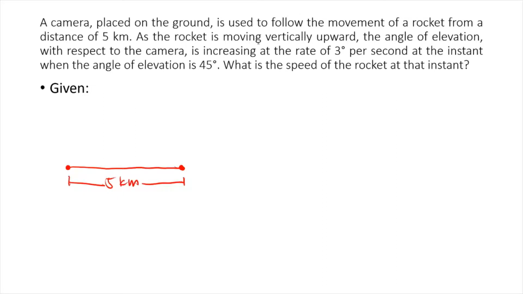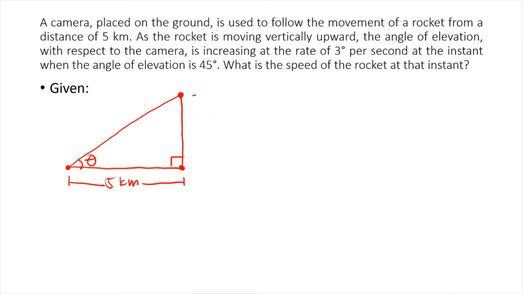As the rocket is moving vertically upward, let's draw a line representing the movement of the rocket vertically upward. So let's say this is where the rocket is at any point in time after its takeoff. And then the camera is following the movement of the rocket, so we can draw a line here from the camera to the rocket. We now have a right triangle where this angle here, angle theta, is the angle of elevation of the rocket.